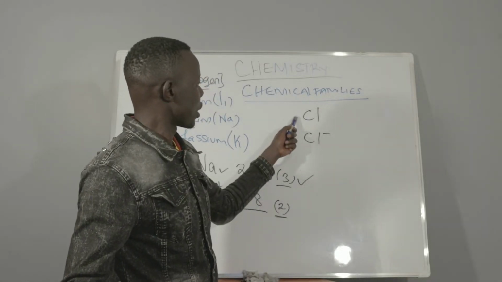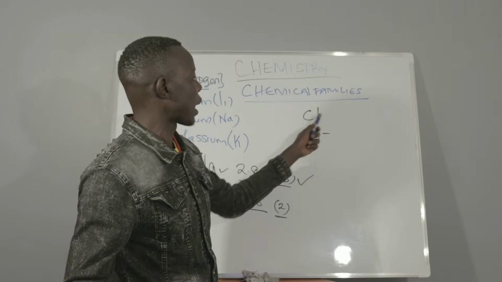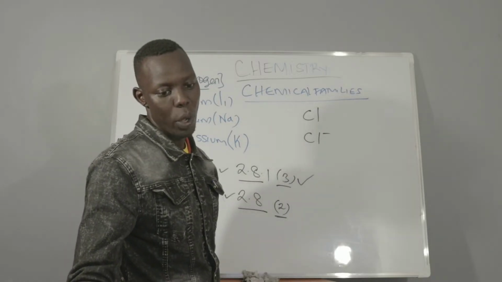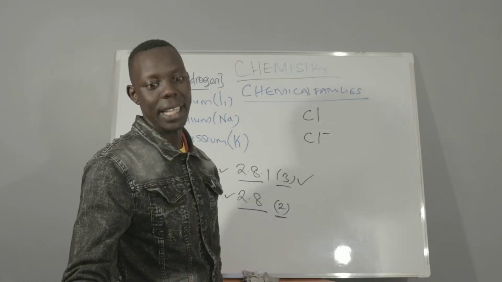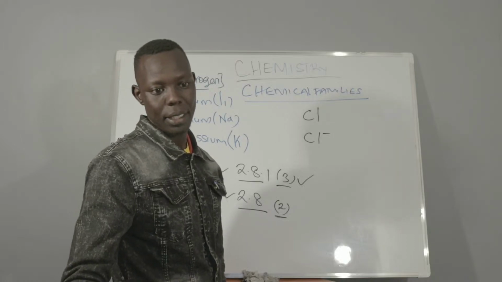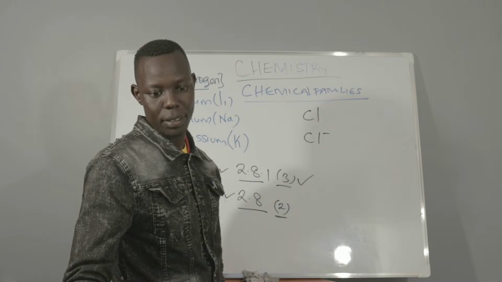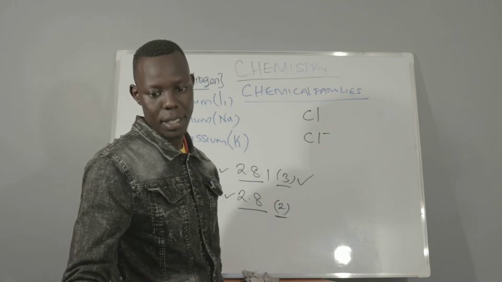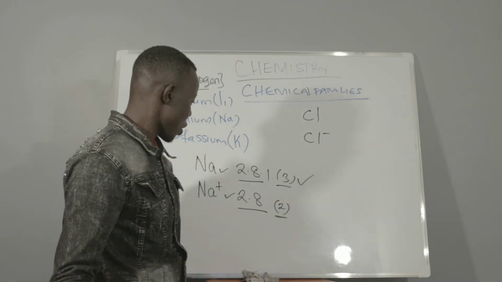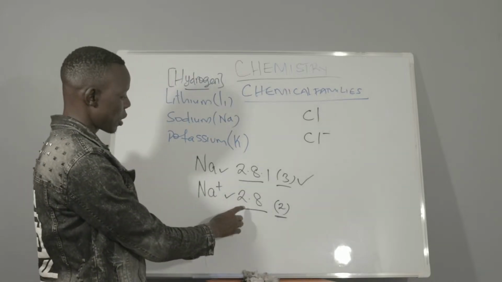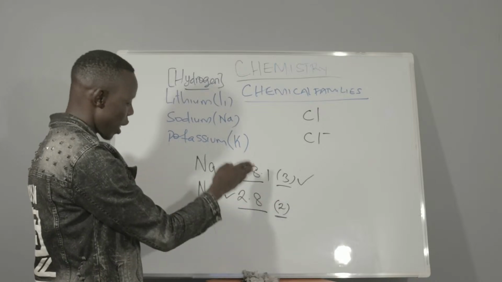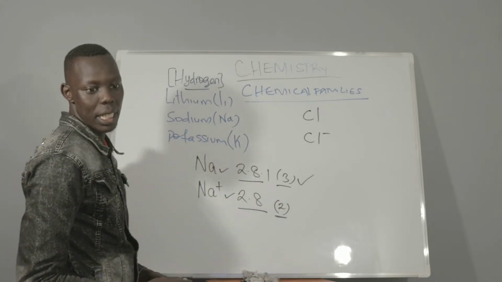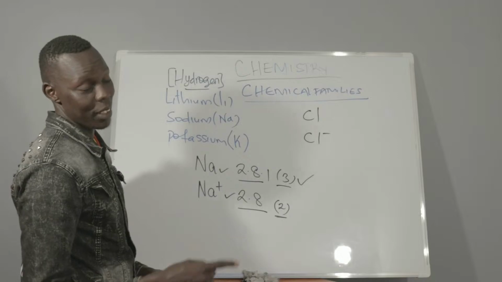Between chlorine atom and chlorine ion, which one has a higher or a larger size? For sodium it was so simple because one has 2 energy levels and the other has 3 energy levels. The one with more energy levels automatically is the one that is larger than the other one.